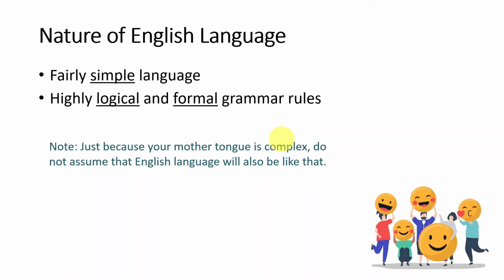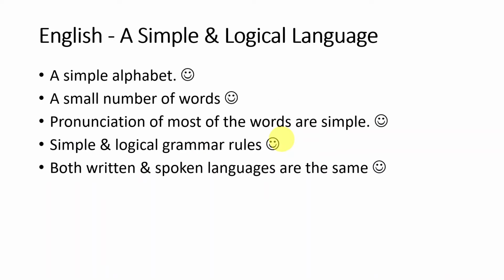Nine out of 10 times you will find that the English language is simpler than your mother tongue. And also English is a highly logical and formal language. So that is why business people, the scientific community, and the academic community really like to use English as a communication language.